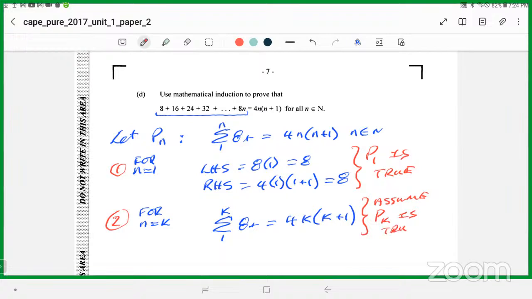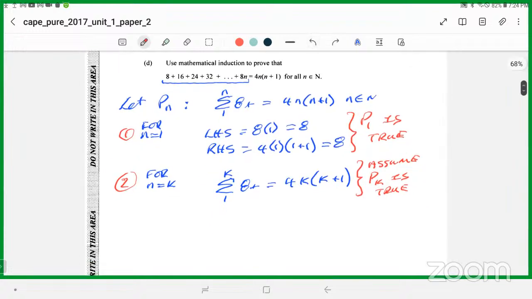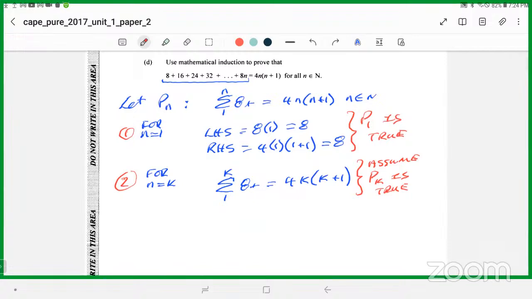Some teachers will say, assume the statement is true for n equals k, but I already defined the statement as Pn, so if I put Pk, it means I'm saying the statement for n equals k. Same thing.